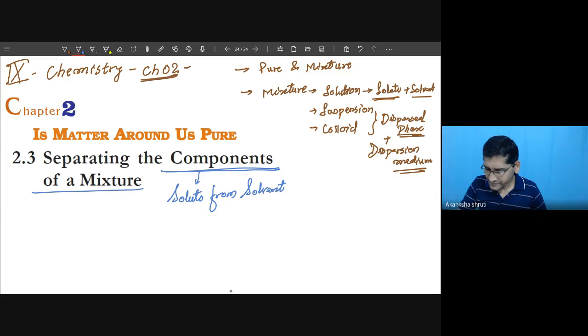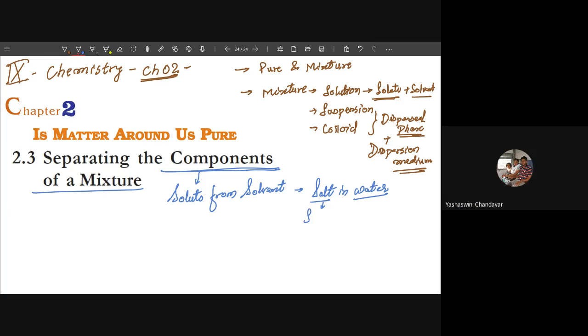For example, if you take a solution, any kind of solution, say salt in water, this salt is the solute and this water is the solvent.